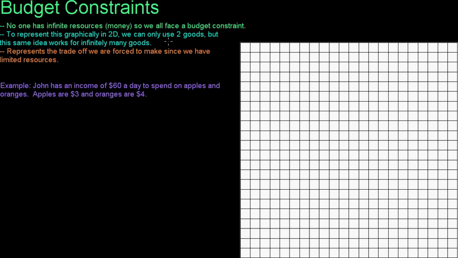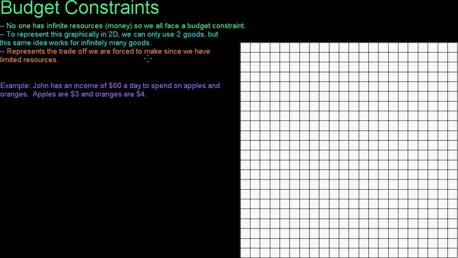So in theory, and really in practice too, we can write out how many of any single good you can buy given your income. The reason this is important is that it represents the trade-offs that we are forced to make since we have only a limited amount of resources. We can't have every single thing in the universe, basically.